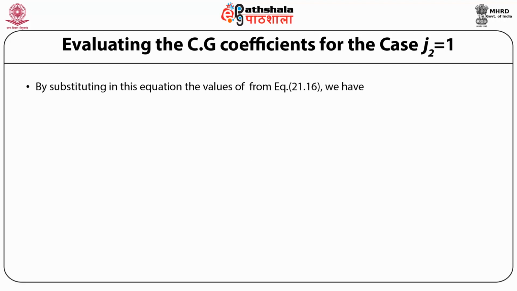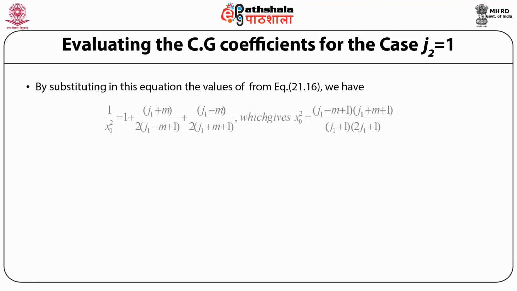By substituting in this equation the values from equation 21.16, we have 1 by x0 square equals 1 plus (j1 plus m) by 2 into (j1 minus m plus 1) plus (j1 minus m) by 2 into (j1 plus m plus 1), which gives x0 square equals (j1 minus m plus 1) into (j1 plus m plus 1) by (j1 plus 1) into (2j1 plus 1).